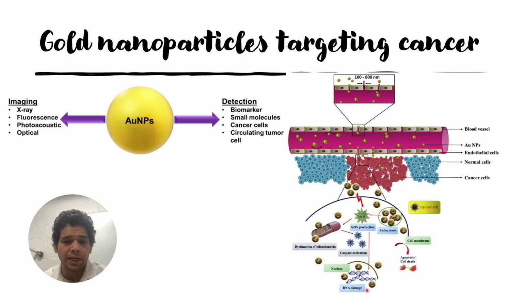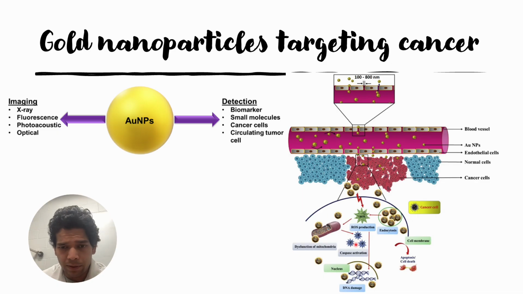In some cases, one can arrest the cell cycle of the cancer cells, so that their replication and growth are suppressed or reduced to a great extent. At the same time, dysfunction of the mitochondria can also be induced. As we know from our childhood, mitochondria is the energy house of the cells. So if mitochondria become dysfunctional, it will affect the viability of the cancer cells.